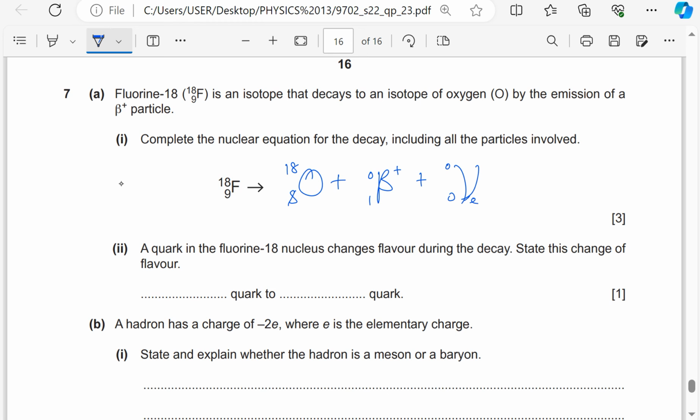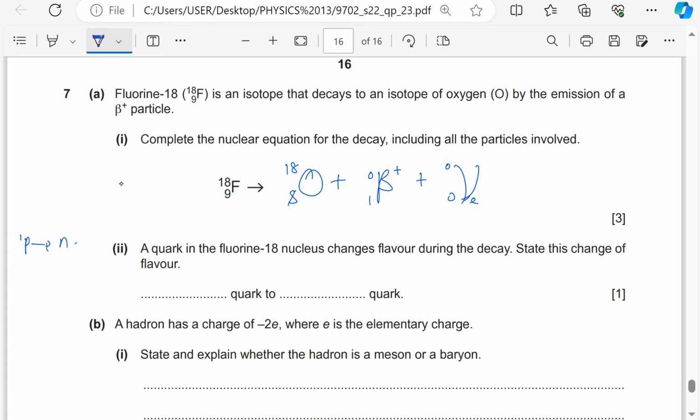A quark in the fluorine nucleus changes flavor during the decay. State this change of flavor. So what has happened is that we have emitted beta plus. Perhaps a proton has changed into a neutron.